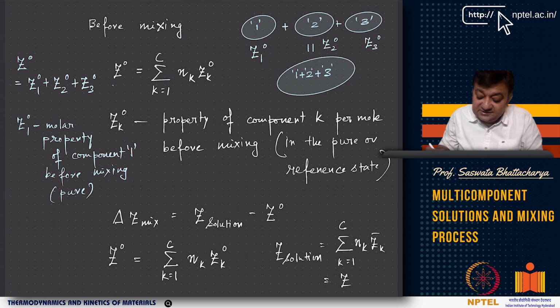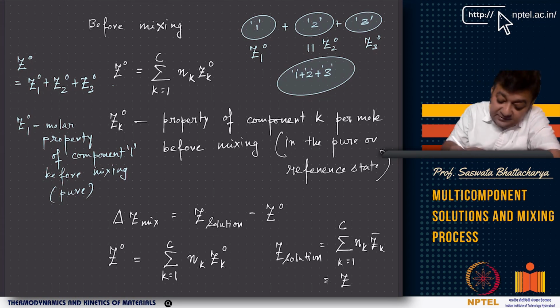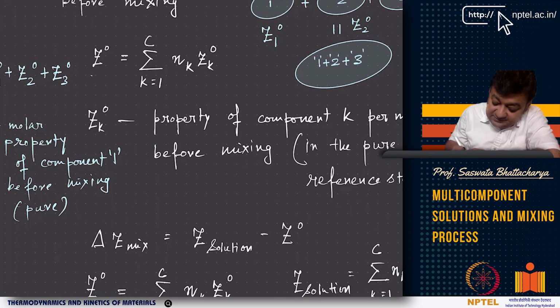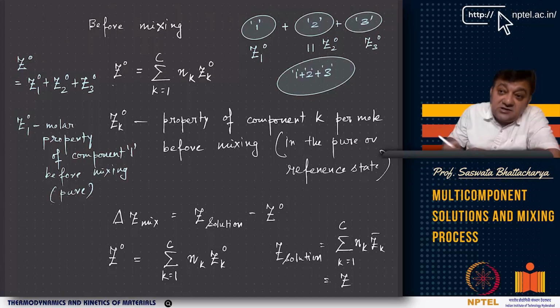Now, if I have this standard state and then the delta Z mix, okay, delta Z mix is basically the change in the molar property or relative change in the property. So you can call it change in property due to mixing. Change in property due to mixing is delta.